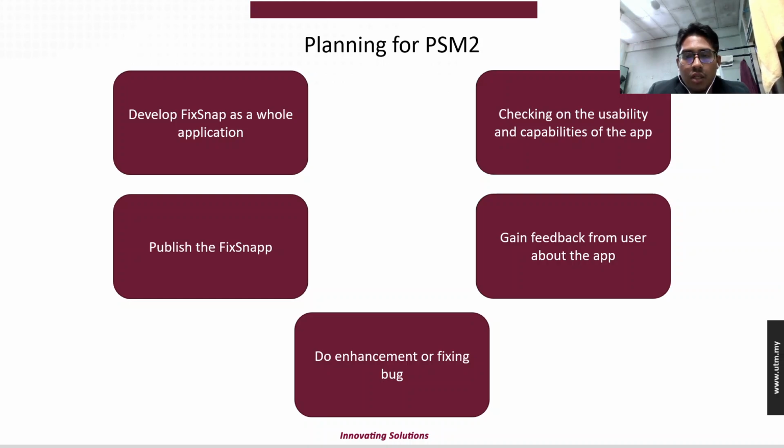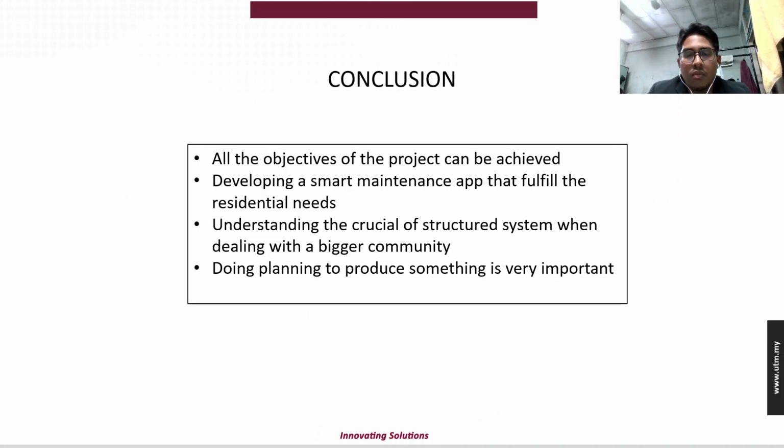After that, I will check the usability and capabilities of the app, whether the navigation functions, the buttons function, and so on. Then I will do some testing with the customer or the user to gain their feedback. In case there is some enhancement or bug fixing, I will do it during PSM2.